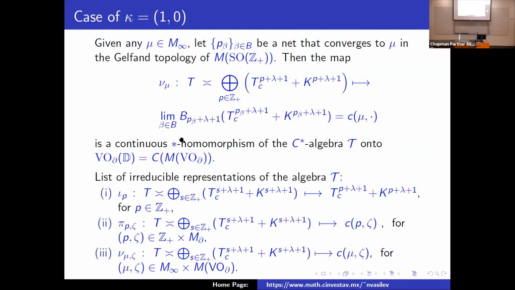Okay, first of all, this is somehow the impact of the Berezin quantization procedure. We take any point, a limit point of this set M infinity. So there is a net P beta which converges to that point.